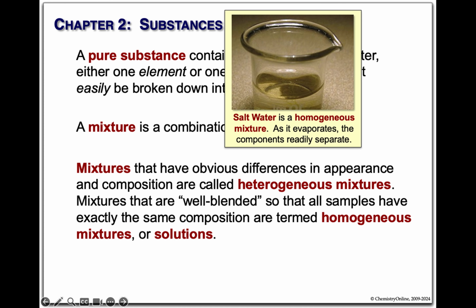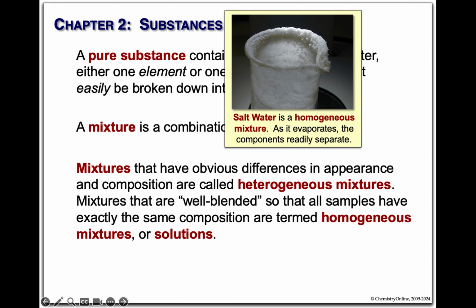So salt dissolved in water. It's still just water, and it's still just salt. They're just mixed together. We know that because we can separate this very easily. If we let this just sit on the bench, slowly the water will evaporate and we'll be left with just the salt.